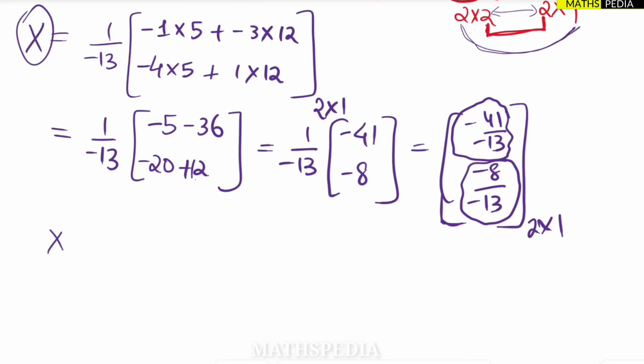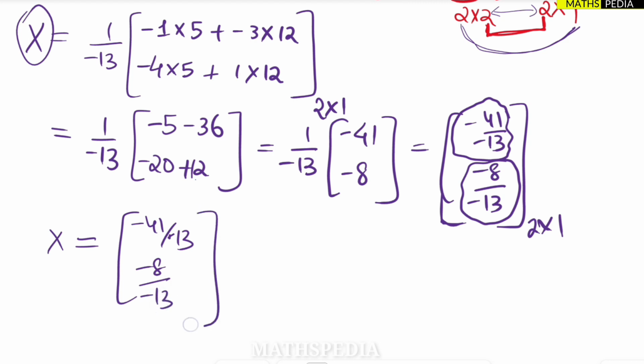So X matrix is equal to minus 41 by minus 13 and minus 8 divided by minus 13. Minus minus cancel, 41 divided by 13 will be equal to 3.15, and minus minus cancel, 8 divided by 13 will be equal to 0.62.